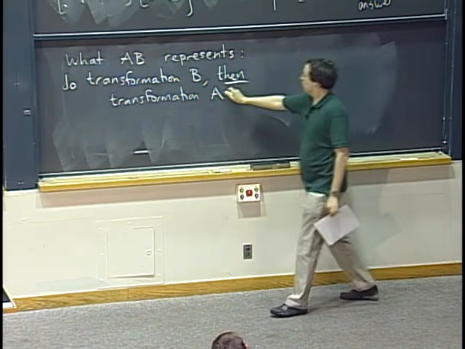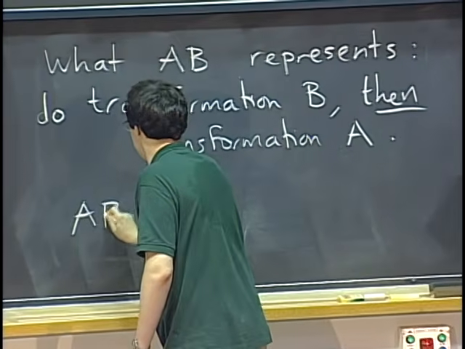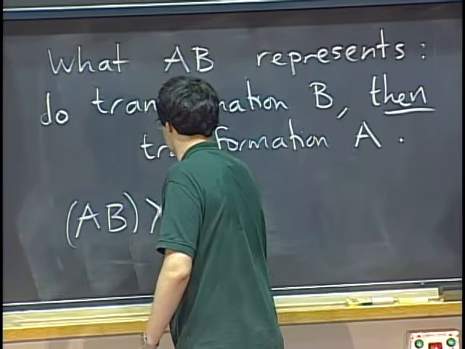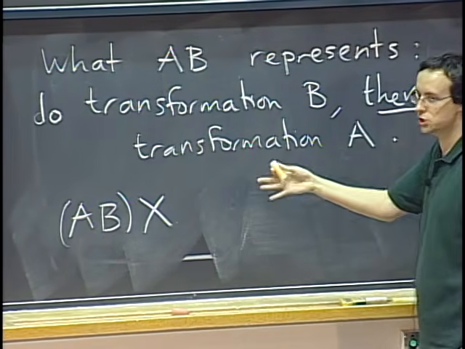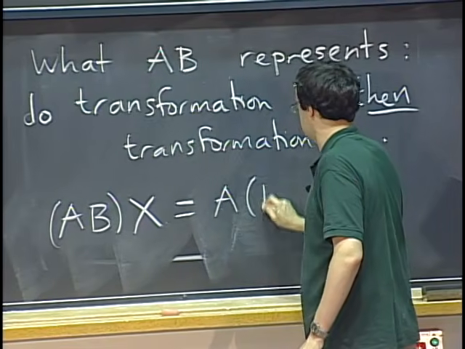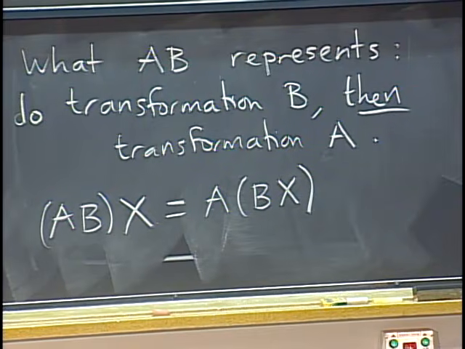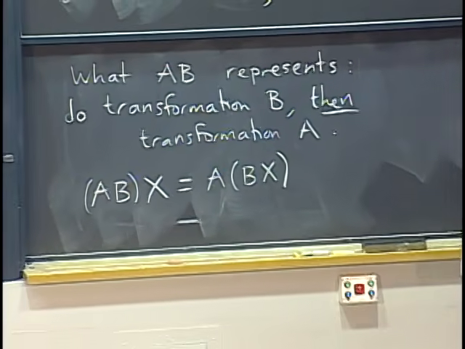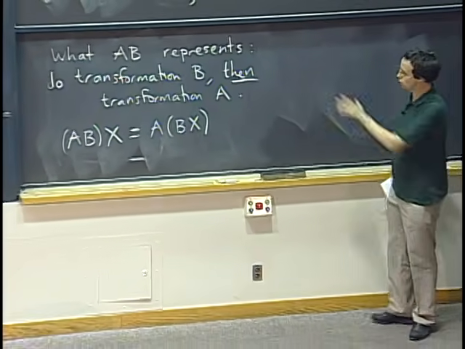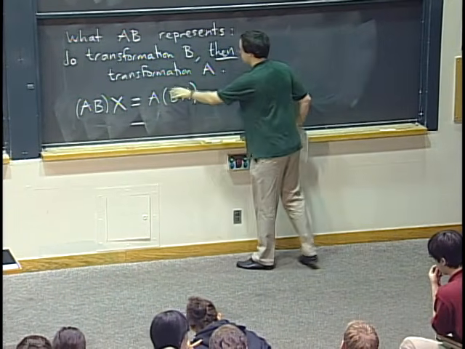Okay, so why is this? Well, if I write AB times x, where x is some vector that I want to transform, it's the same as A times Bx. This property is called associativity, and it's a good property of well-behaved products, not of cross product, by the way. So matrix product is associative.